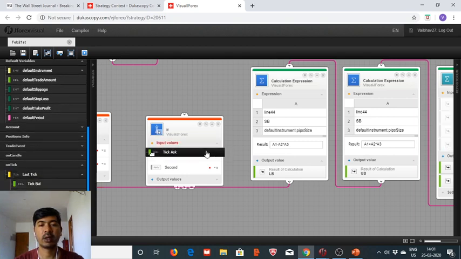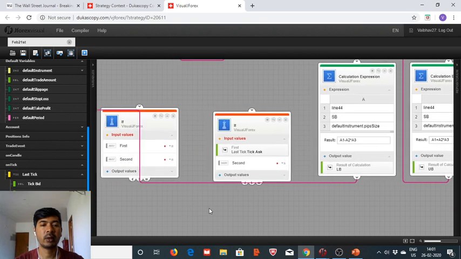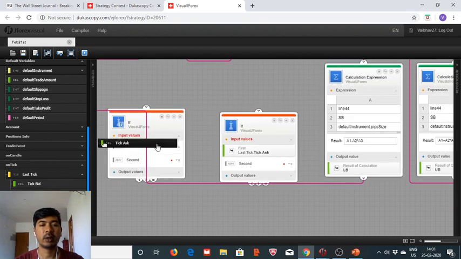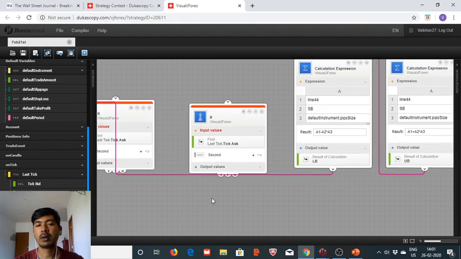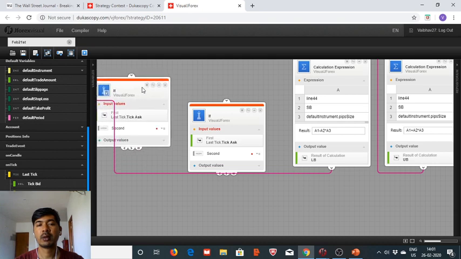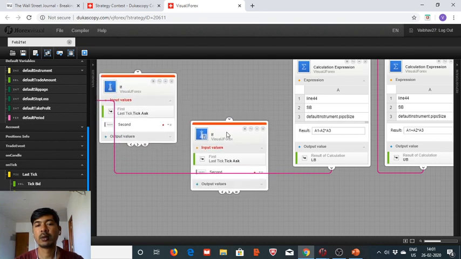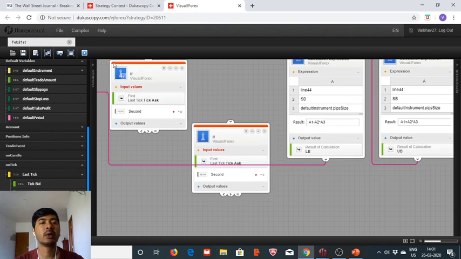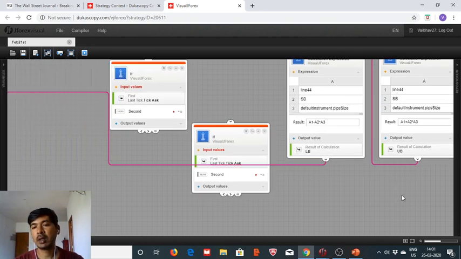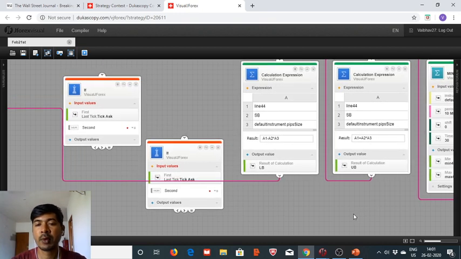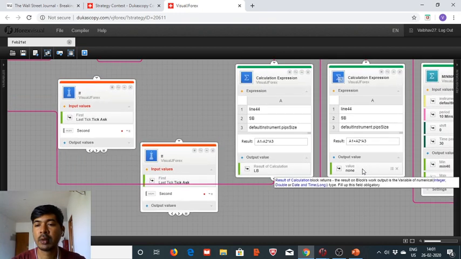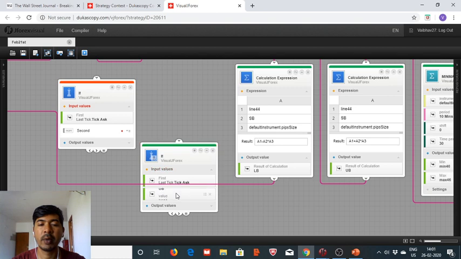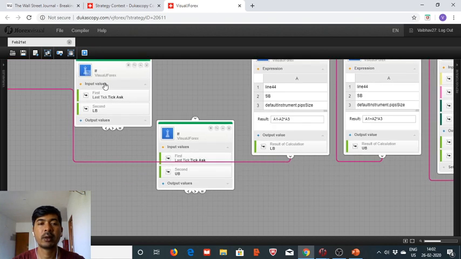We see that last tick ask is here, and then here, and with that we want to make sure that the tick ask is lower than the upper band and greater than the lower band.